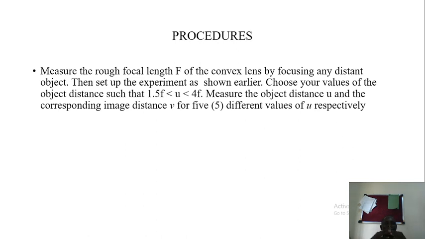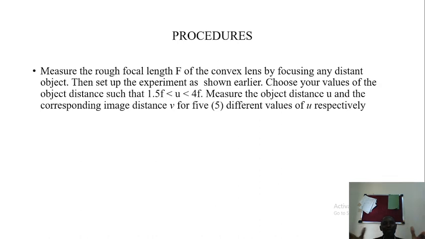The interpretation of that is your initial u should be greater than 1.5f, which is 15 in this case, and the last object distance should be less than 4f, which is 40 in this case.